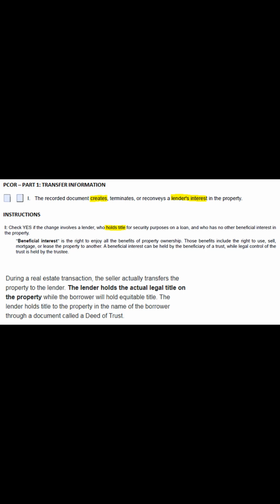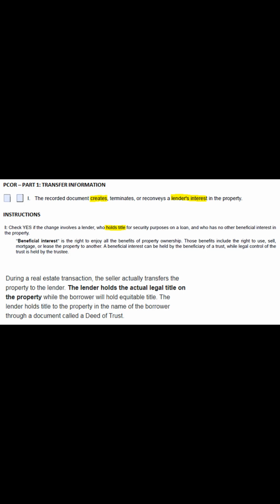If I look at the instructions, it's page 3 of the PCOR. Check yes if the change involves a lender who holds title for security purposes on a loan and who has no other beneficial interest in the property. So yes, it involves a lender.